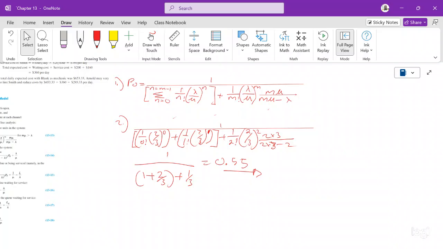Okay, perfect. Then 1 over 2 factorial, 2 over 3, get this as a 2, open bracket, 2 times 3 minus 2. It's 1 over 3.